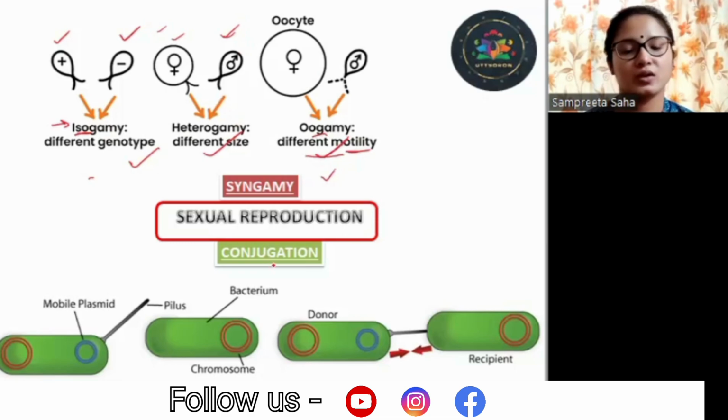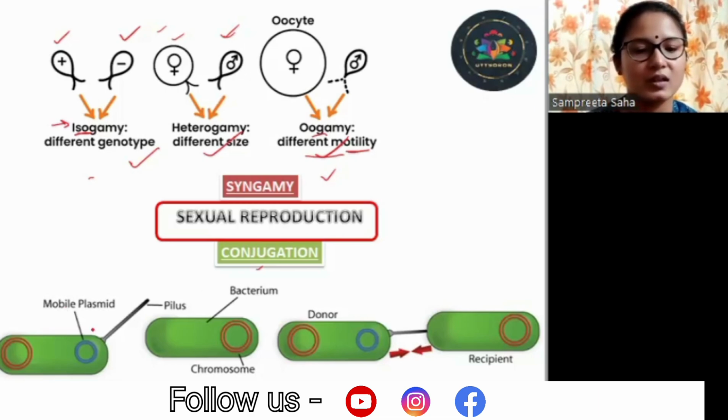Next, we have conjugation. I have discussed a few moments back that conjugation is often not considered a true mode of sexual reproduction. It is exhibited by some bacteria. So, what happens in case of conjugation? We get a genetic variation. So, from that perspective, we can consider it as a form of sexual reproduction.